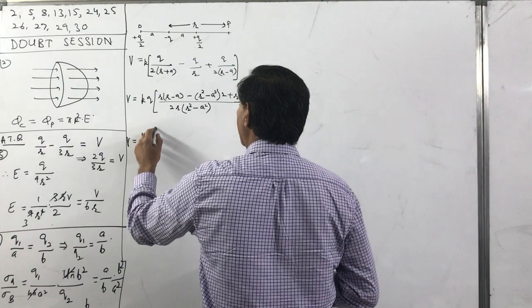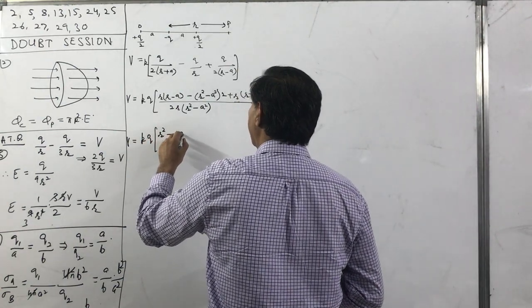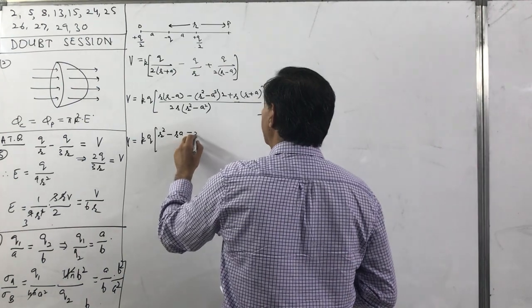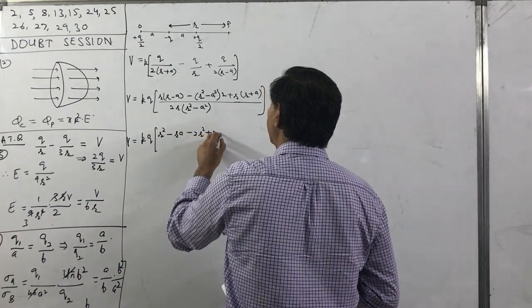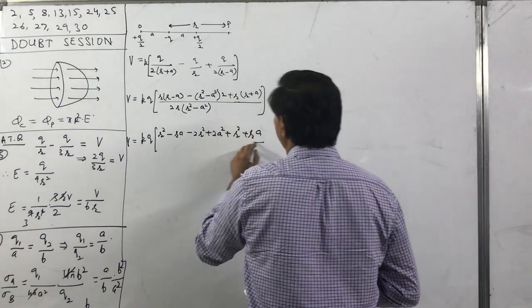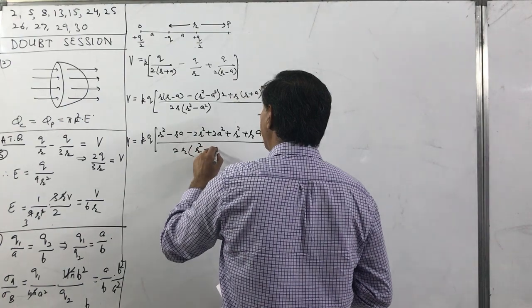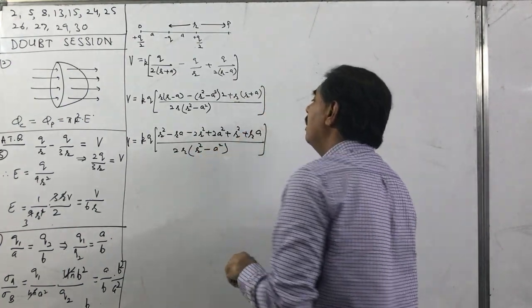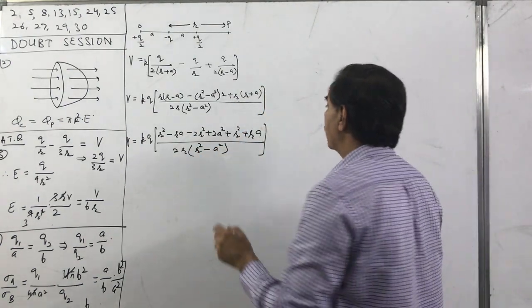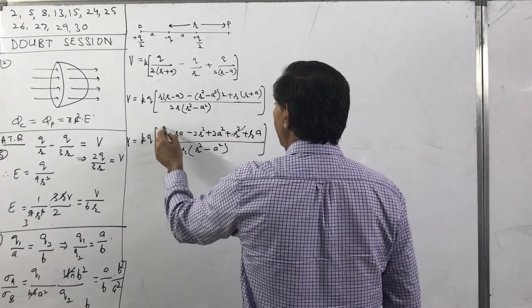KQ, R square minus RA minus 2R square plus 2A square plus R square plus RA upon 2R into R square minus A square. Let's cancel them out. This is R square and R square, 2R square.